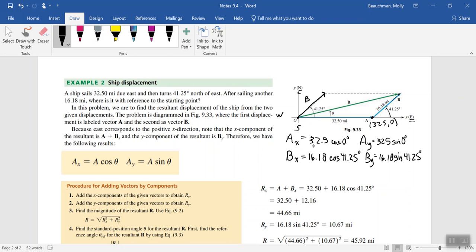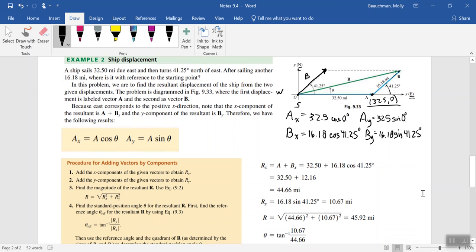But if you put it in the formula, you get the same thing. 32.5 times the cosine of 0 is 32.5. 32.5 times the sine of 0 is 0. So those are my components for vector A. Vector B's components are going to be here. So the x component is 16.18 times the cosine of 41.25 degrees, and the y component is 16.18 times the sine of 41.25 degrees. So now we know the two vectors, we can add them together to get the resultant.